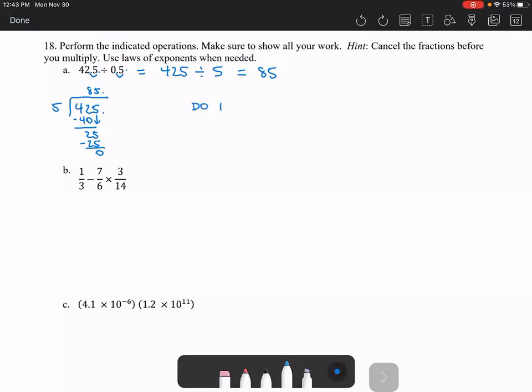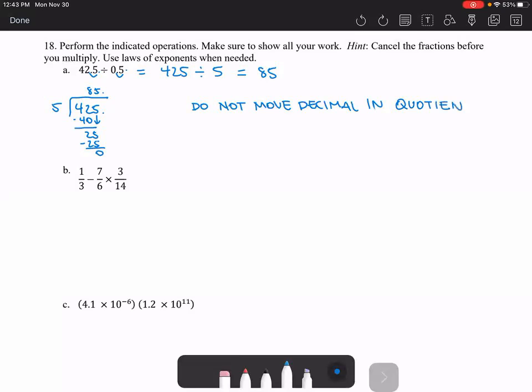So do not move the decimal in the quotient. This is a really common misconception that people wrote on the exam, that you move the decimal in the quotient back.